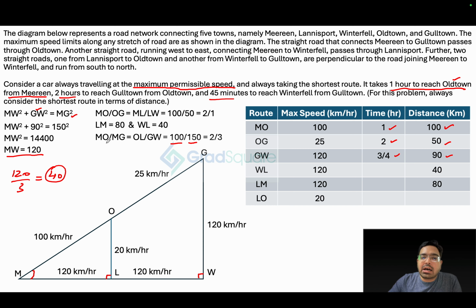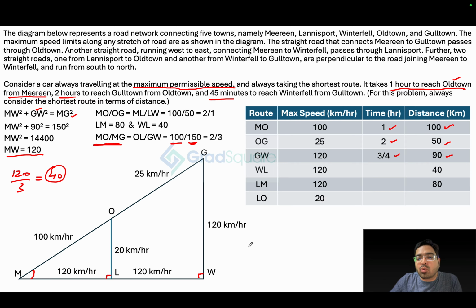MO was what? 100, and OG was what? 50, right? So MG will turn out to be what? 150. So this is the ratio that we are looking at. MO was 100. MG was 100 plus 50, which is 150. So it will be 2 by 3. OL by GW will turn out to be 2 by 3.